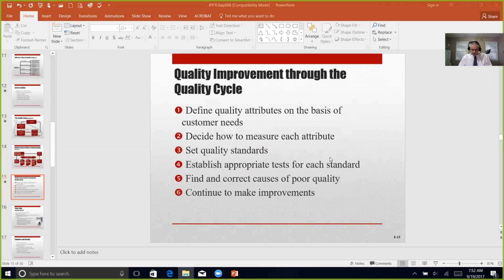And on what measurement techniques to use, you have to set some type of quality standards that describe the amount of quality required on each attribute, and they typically have a plus and minus tolerance range. And there's multiple examples with reference to that tolerance that we'll see here in a moment of how we go about doing that.